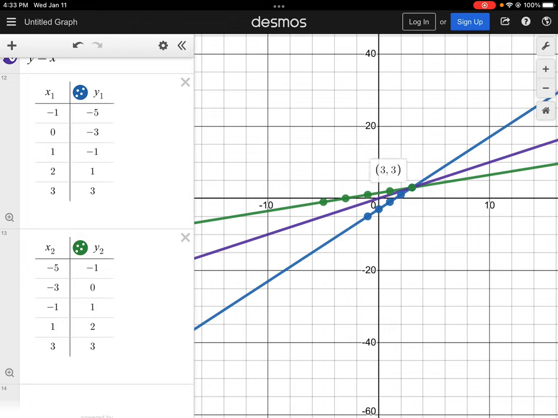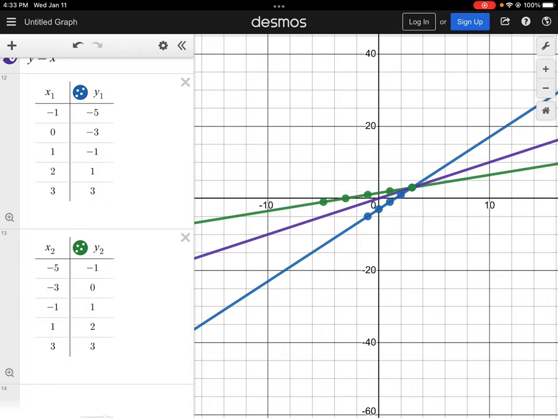I can click on these points: (-1, -5), and you can see (-5, -1) lies on that line also. The next point, (0, -3), and (-3, 0) lies on the inverse function. And that is true all the way up.